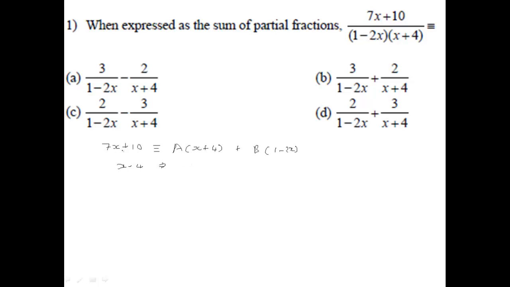That gives us 7 times minus 4 minus 28 plus 10 on the left hand side, and then on the right hand side this would become 0, so the A term disappears, 0 lots of A, and then we get 1 minus minus 8, 2 times minus 4, so we get 9B.